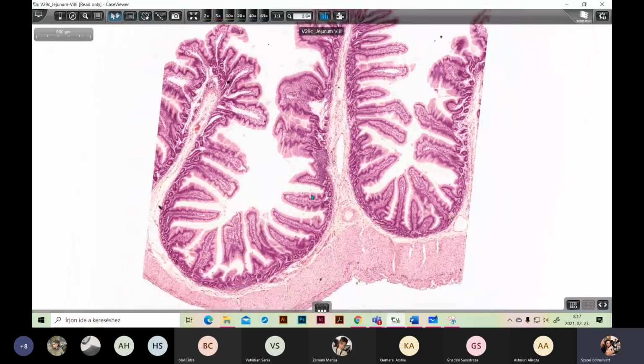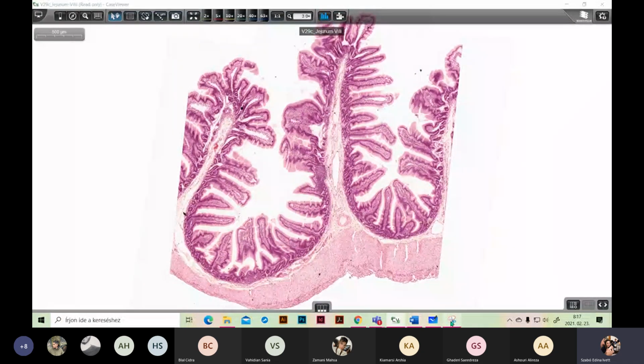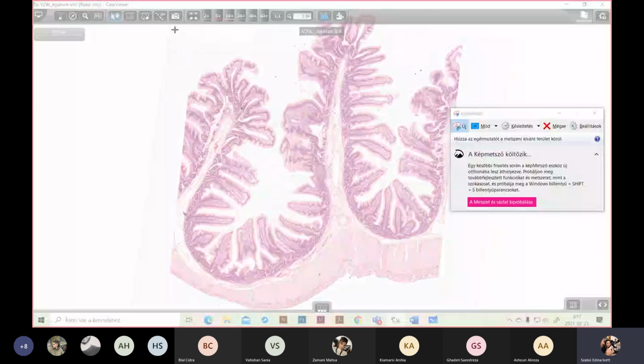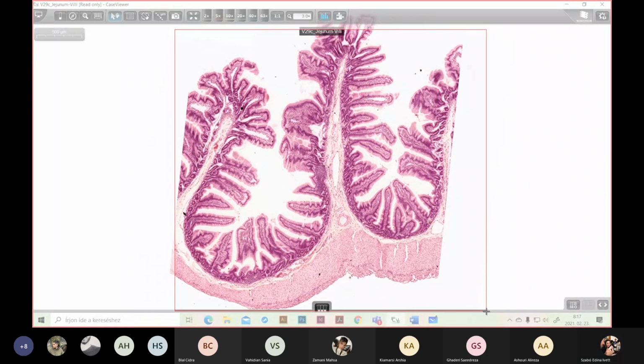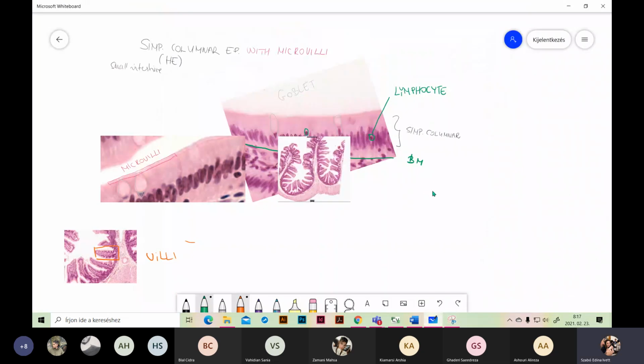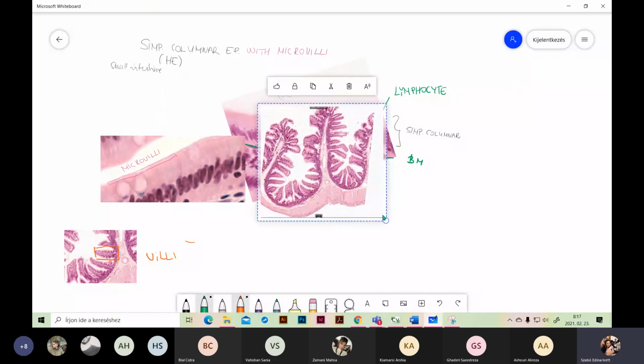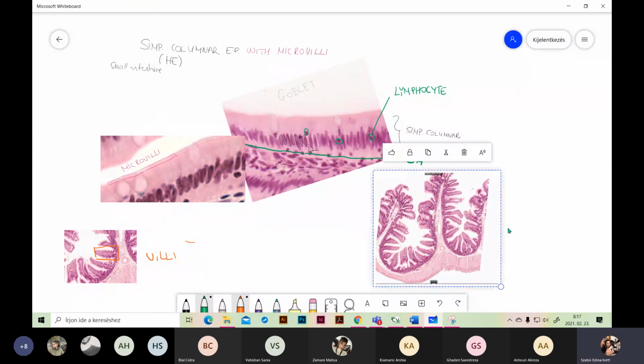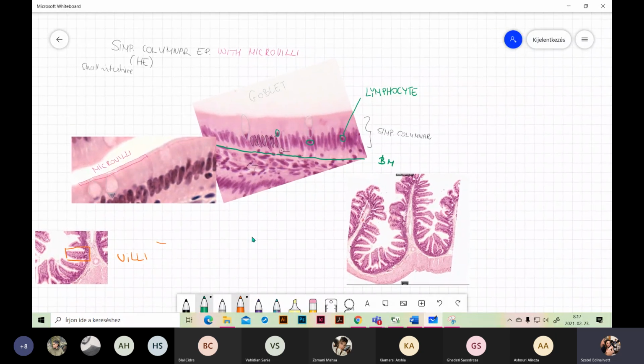If you see this picture, here we have to check the other types of tissue.